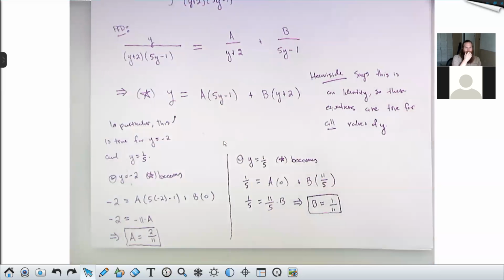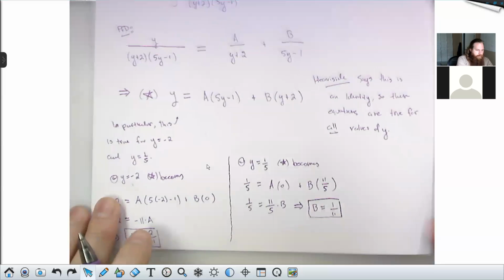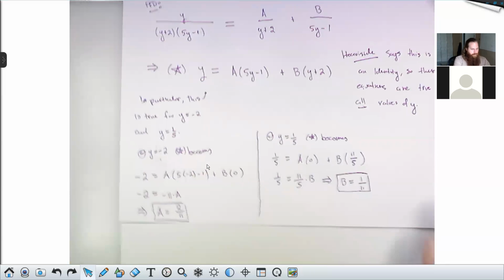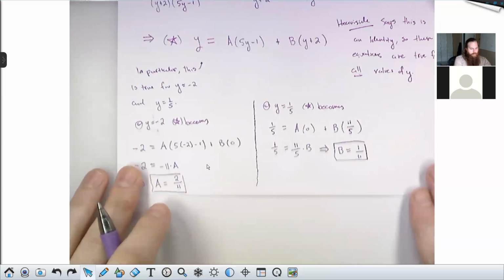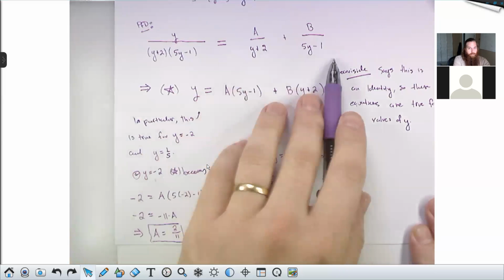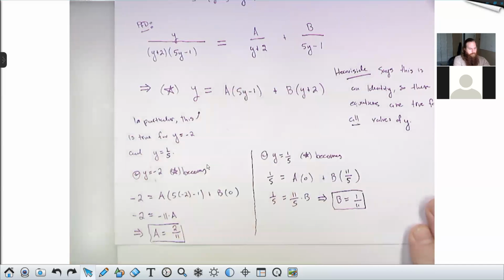Ain't that slick? So here we found the coefficients A and B that we need for our partial fractions without ever setting up a linear system. Let's go ahead and finish this problem, and then I'll discuss with you the details of when this will and when this will not work. Remember what my PFD setup was: A over y plus 2 plus B over 5y minus 1.